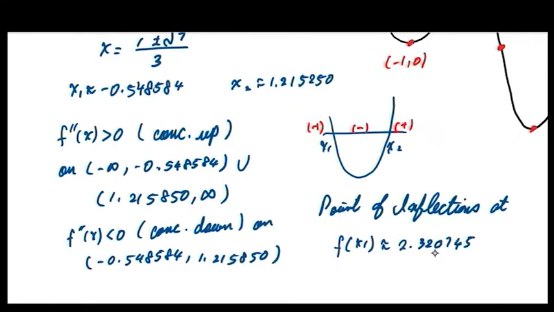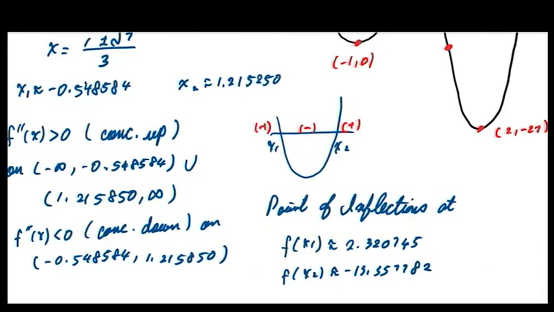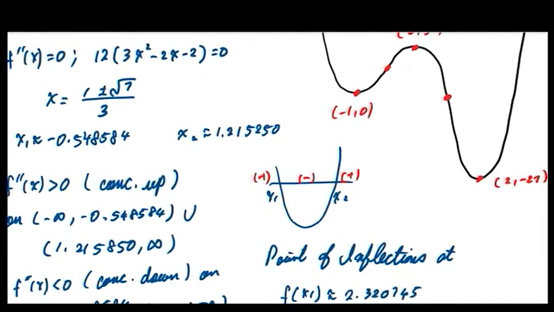You get this, and then f of x2, which will be negative 13.35778. Okay, and now we have found those two locations. This is f of x1, and this one is f of x2.